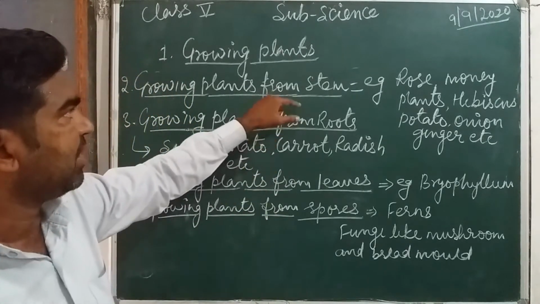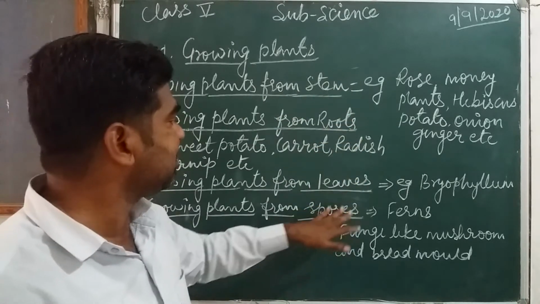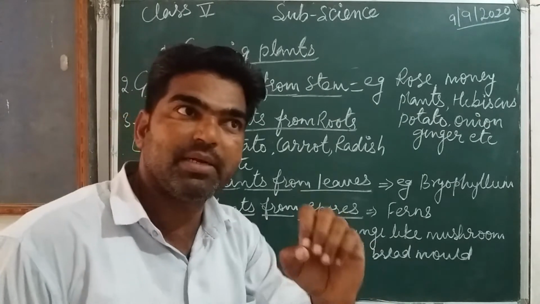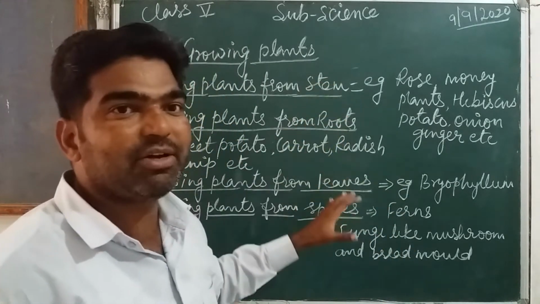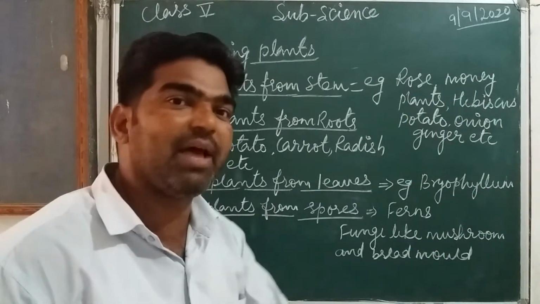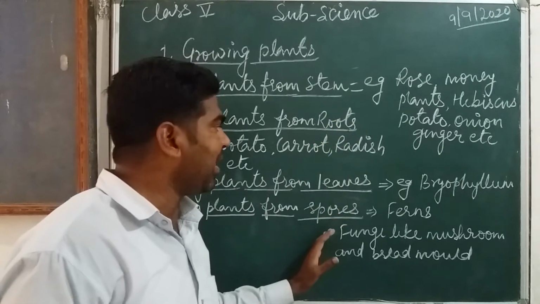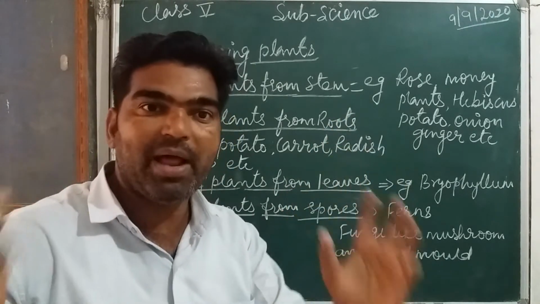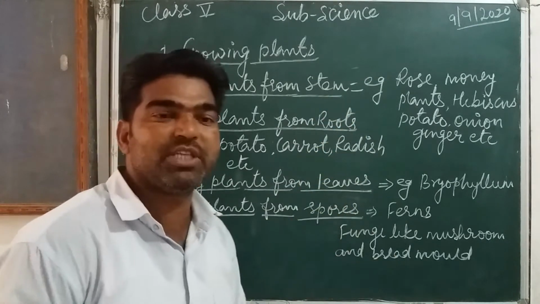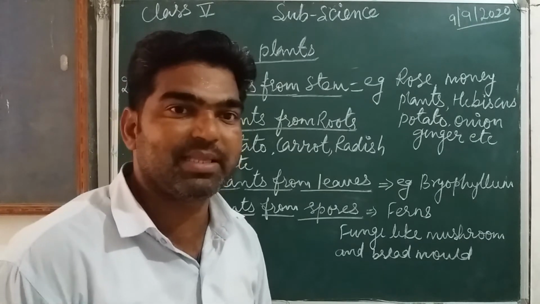Now next, other than seeds, the stem, root, leaves, and spores are also other parts of a plant which can develop into a new plant. Means by these parts of a plant we can form a new plant. मीन्स इन पार्ट से भी, स्टेम से भी, रूट से भी, आप लीव से या स्पोर से भी एक नया पौधा बना सकते हैं, प्लांट्स डेवलप कर सकते हैं.